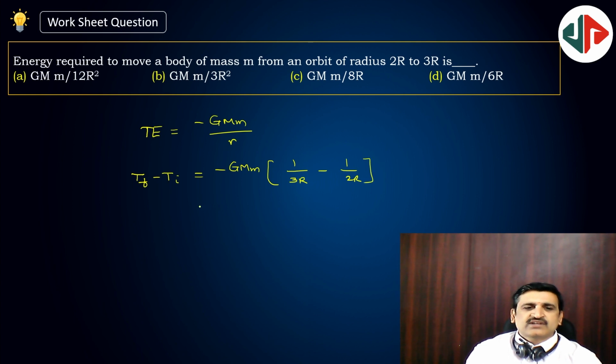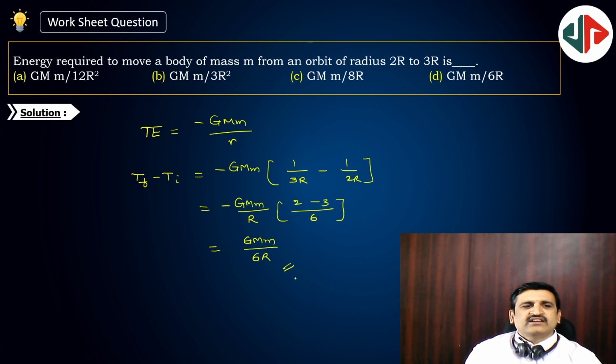So minus GMm by r also comes out. It will be 2 minus 3 by 6, so it will be minus 1 by 6. So GMm by 6r is the energy needed. Total energy will be changed.